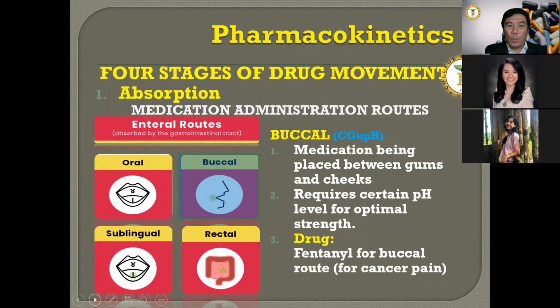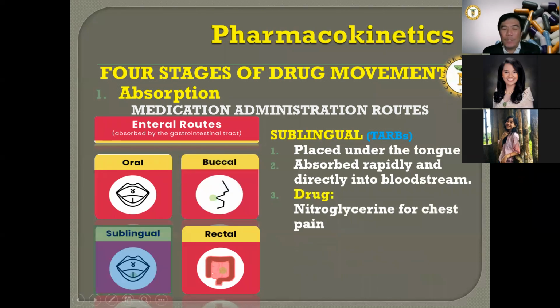Next, let us now proceed with sublingual. Sublingual, you will just remember TARBs. What do TARBs mean? The T is the drug is administered under the tongue. AR, it absorbs rapidly. So once it will be a focus on a question in the board exam, the one that is considered absorption is low, that's oral, 2 Cas-Gip.